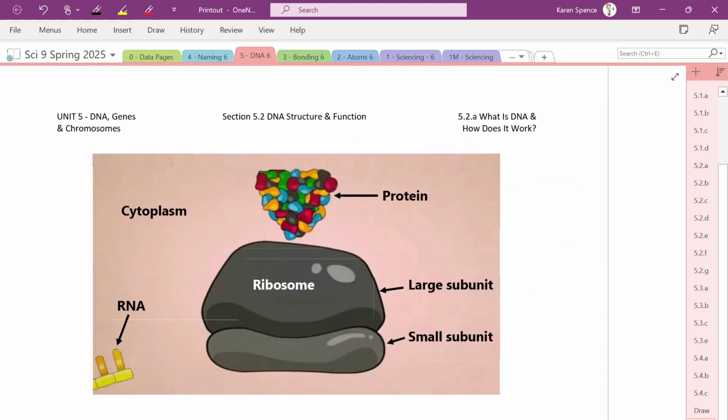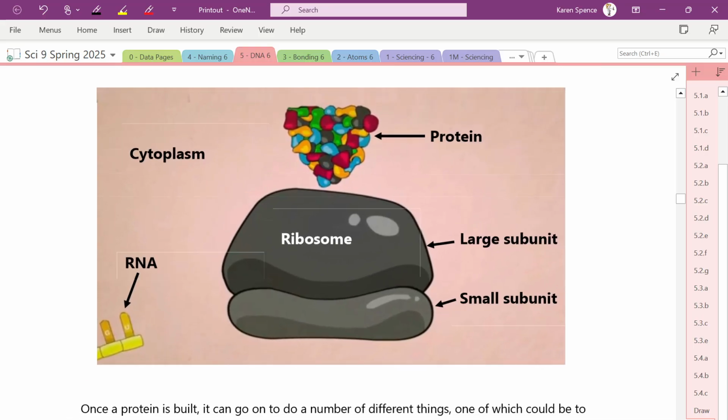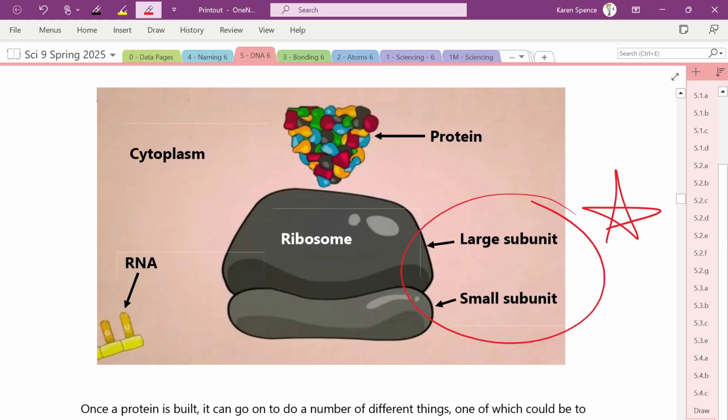Now, here we go. A couple things about the ribosome. The ribosome has two subunits. It has a large subunit and a small subunit. And if you recall this RNA, what type of RNA is that? mRNA, messenger RNA.